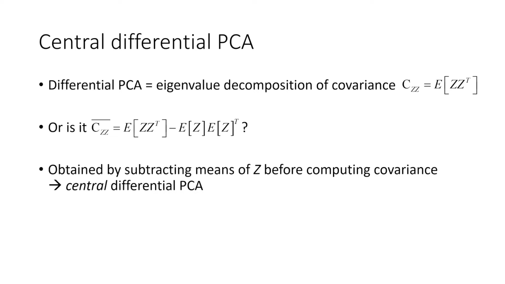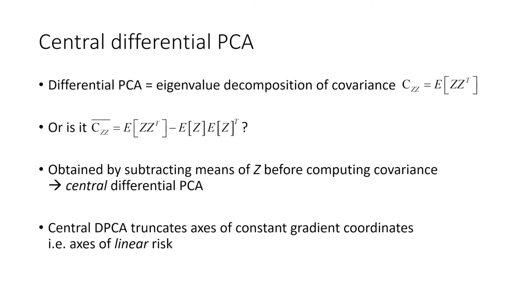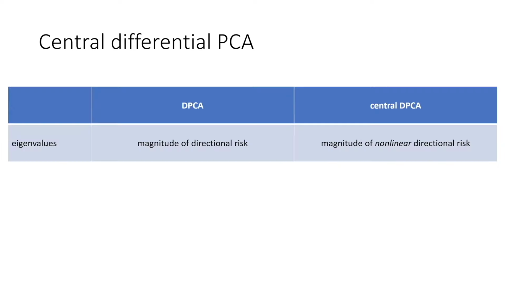The central covariance matrix is obtained by prior subtraction of the means of Z, in which case I get what I call central differential PCA. By subtracting the means from the differential series, central covariance effectively zeroes out constant gradient coordinates, that is, the linear risks. Therefore, the eigenvalues of central differential PCA measure the magnitude of nonlinear directional risk, by contrast to differential PCA, whose eigenvalues measure the magnitude of directional risk, both linear and nonlinear.